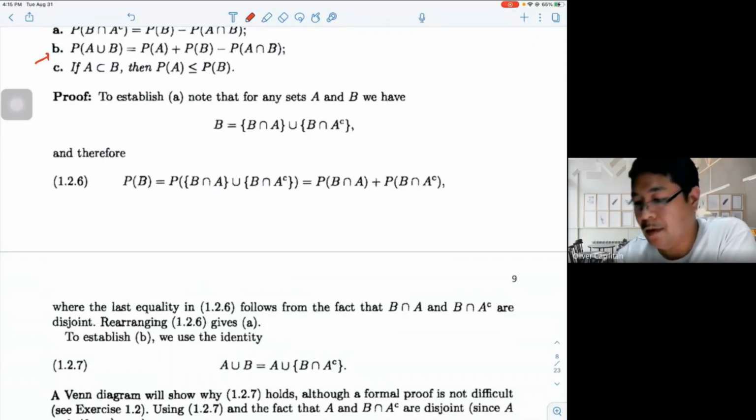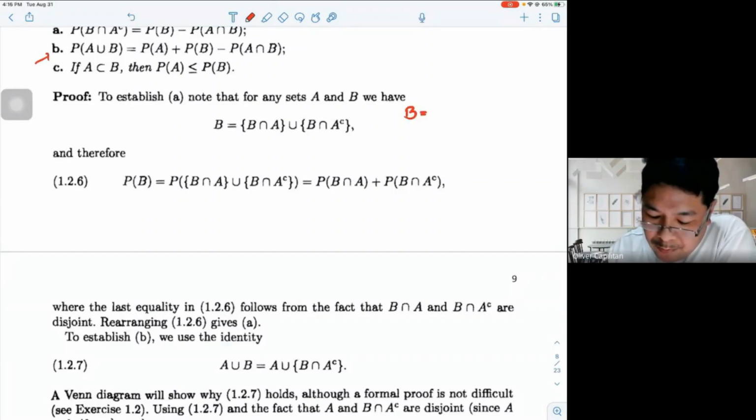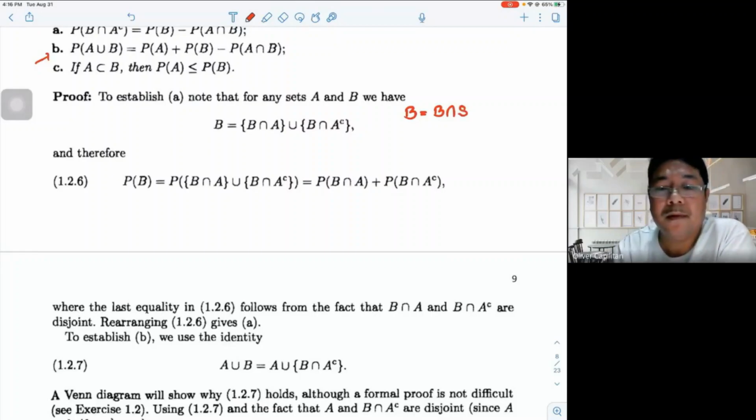Or we may start by saying that B is equal to B intersection S. B is a subset of S, so B intersection S will just be equal to B.